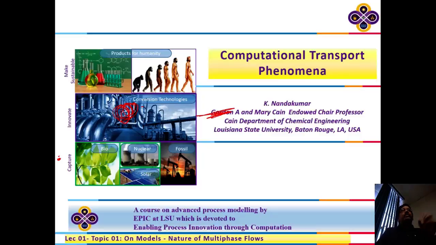When we do that, we will find that the equations that we end up with are very, very complicated. And so computational way is the only way to solve these. And this is why it is computational transport phenomena.